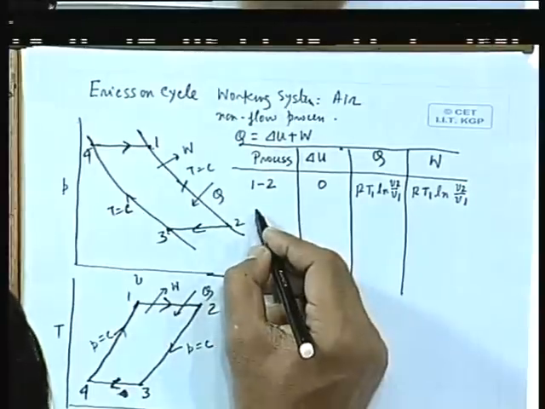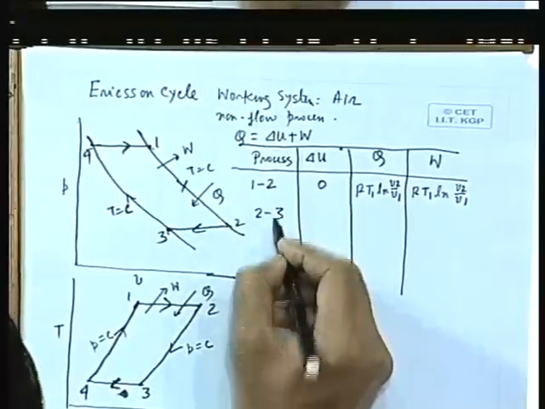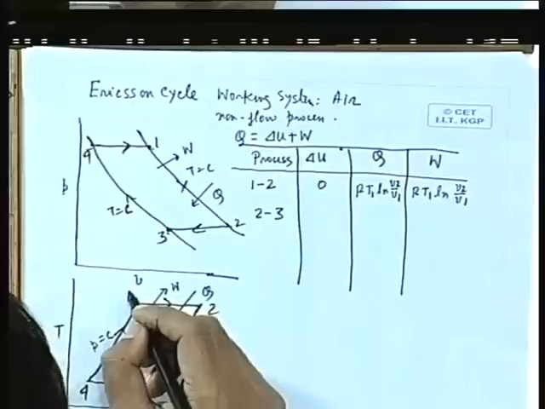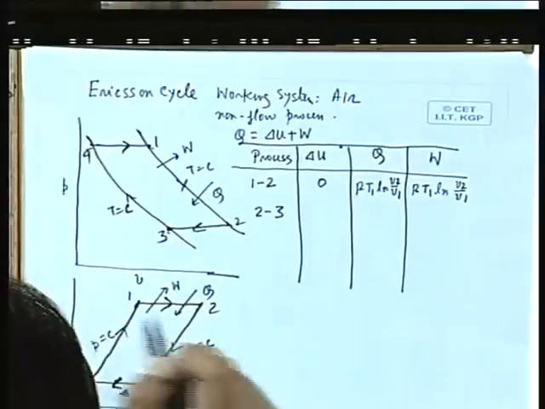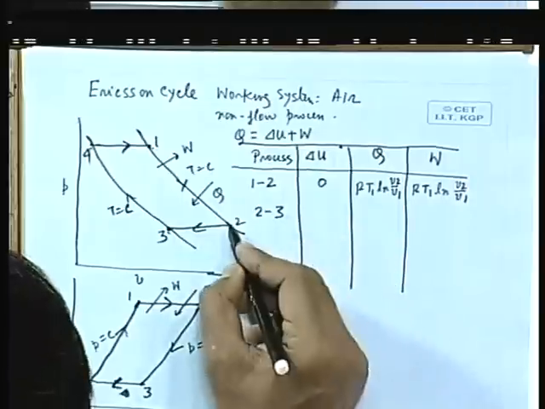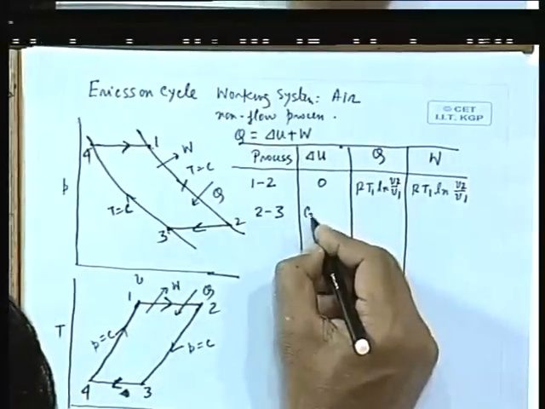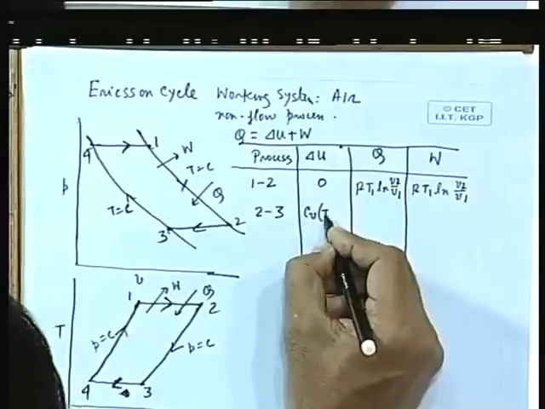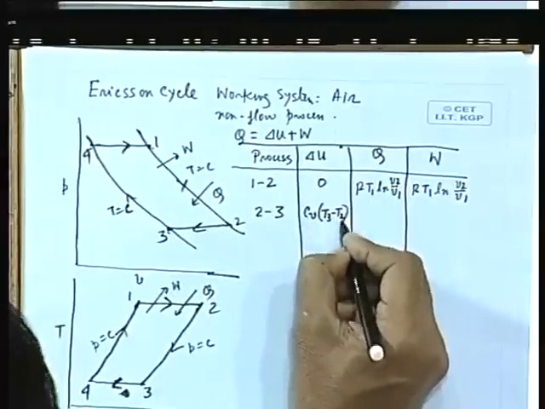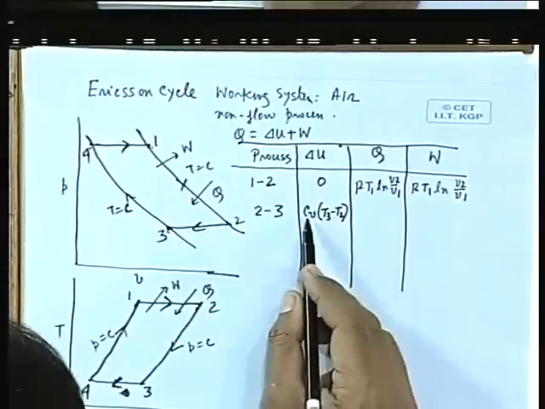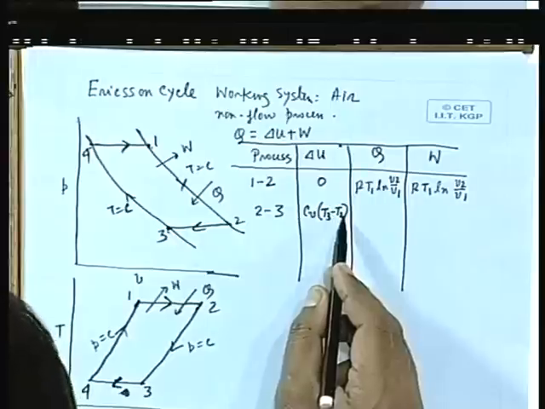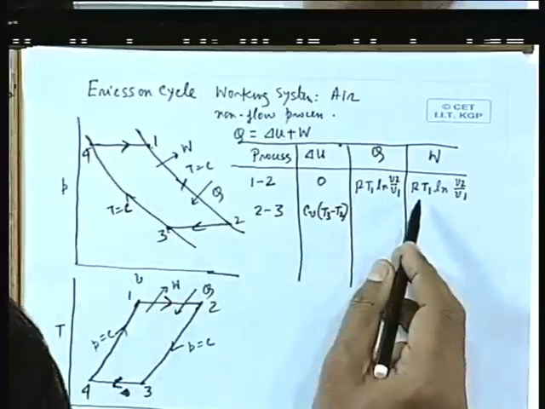Similarly the 2-3 process, but earlier this process was a constant volume process, now there is a constant pressure process. Now in the constant pressure process, first of all there is a change in the temperature between 2 and 3, and therefore the internal energy change is Cv into T3 minus T2, because it is an ideal gas, the change in internal energy is Cv into change in temperature. Now Q and W both quantities are there.